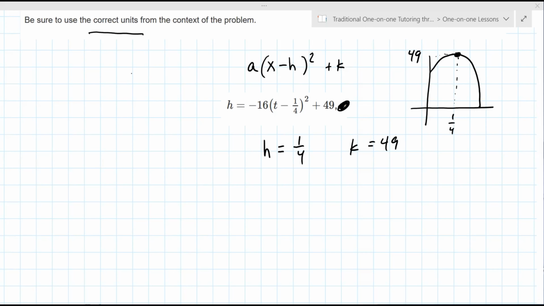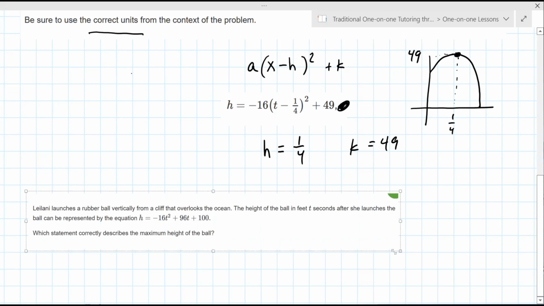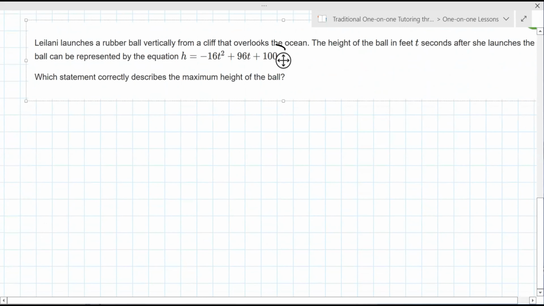All right. So where it gets a little bit harder is when you are not given it in vertex form, like in this next question here. Notice this time around, they're giving you the quadratic in what's called standard form.